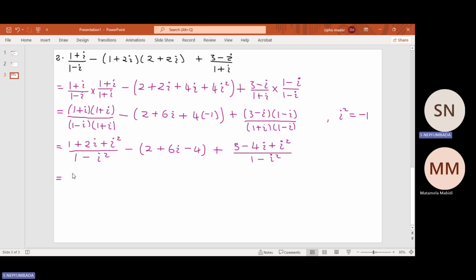Then we substitute, this is 1 plus 2i minus 1. Or let me say, since we're writing everything down, plus i into minus 1, divided by 1 minus i into minus 1.